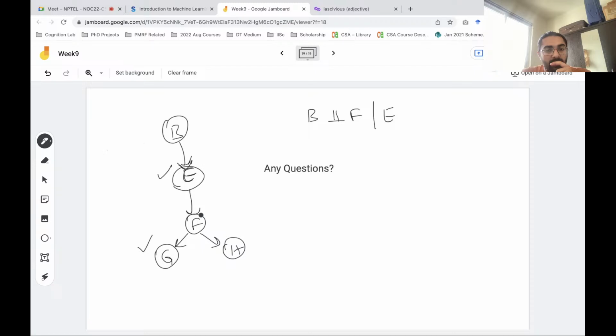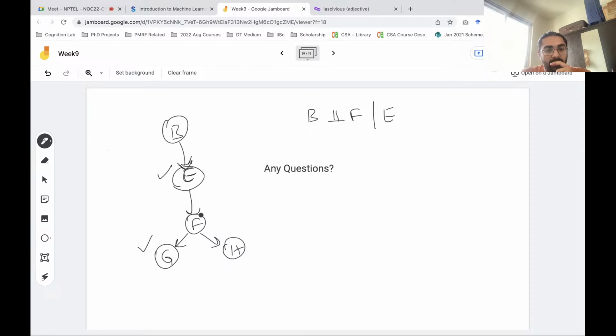Now what I need to look for is, between B and H, what will be the relation. So B is independent of F given E, and F is not independent of H though, given G. So will B and H be independent is the question. Any ideas how you would go about doing this?